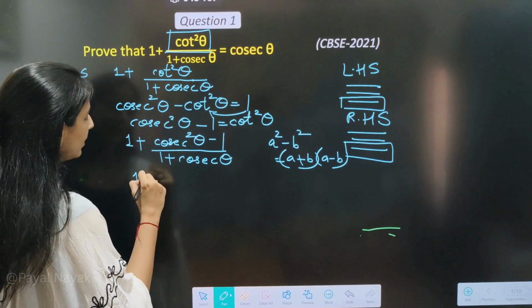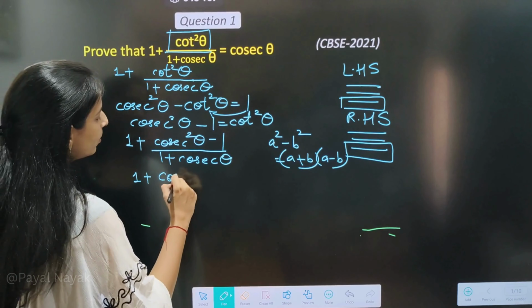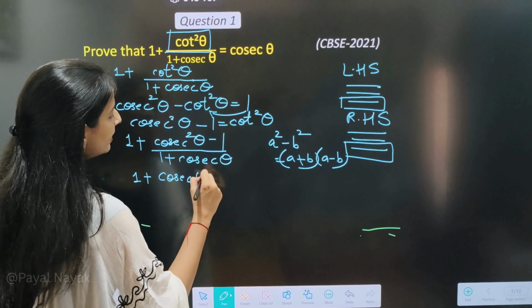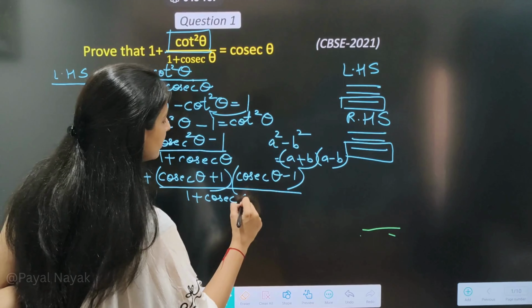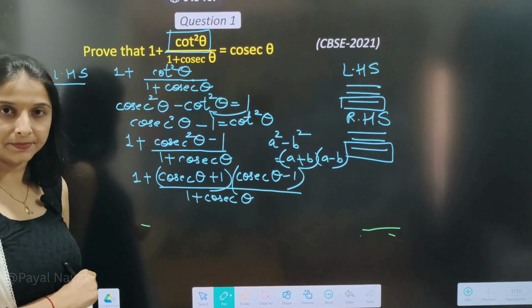So I can write this as (cosec theta plus 1) and (cosec theta minus 1). And the denominator 1 plus cosec theta, right? Now just observe these two brackets: cosec theta plus 1 and 1 plus cosec theta. Since there is a plus sign, even if the order is changed, it is fine.